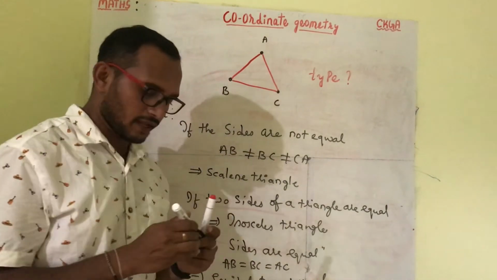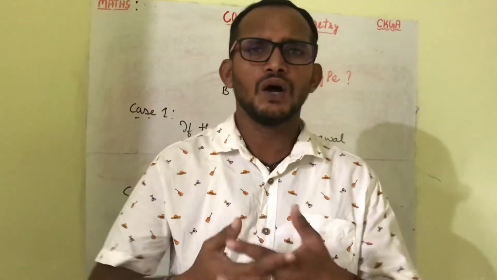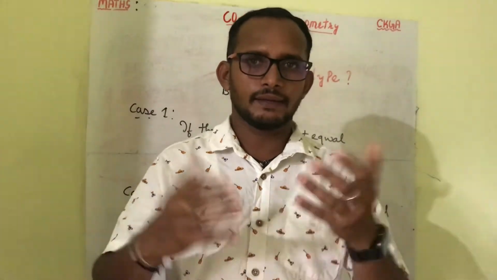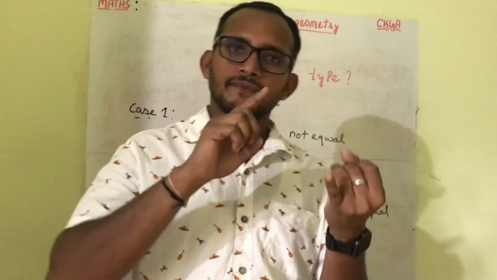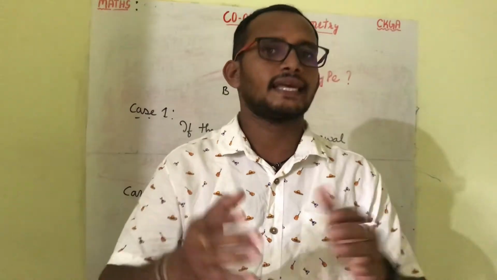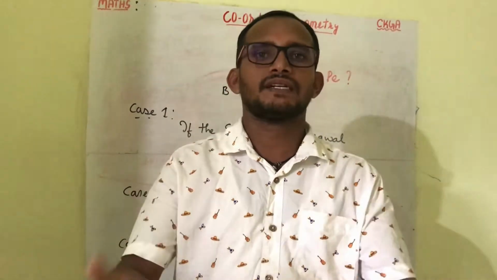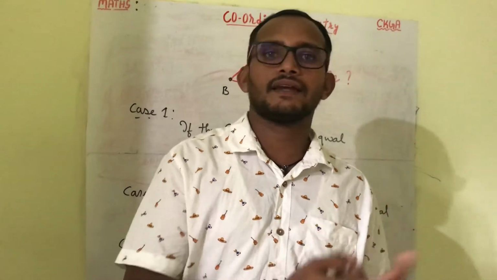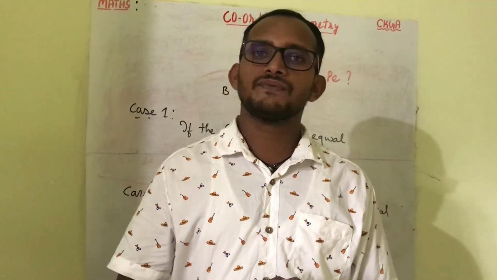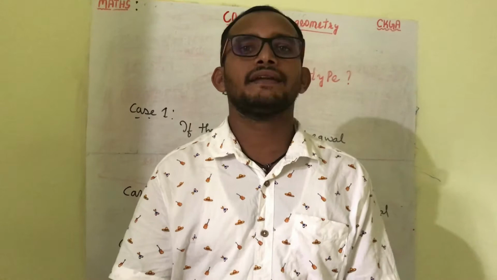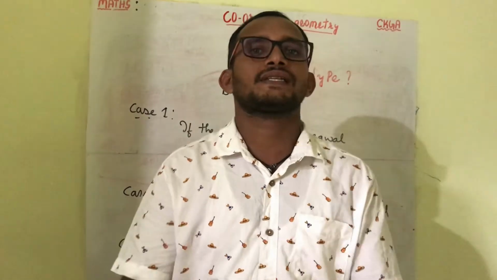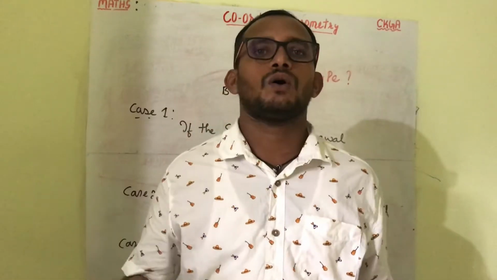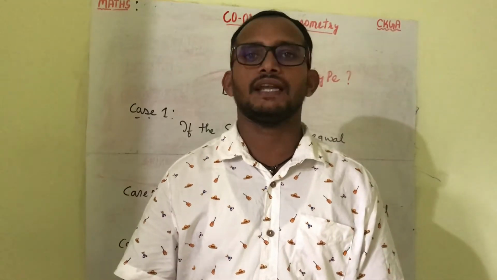So I am concluding, it's a simple task. Suppose three different points in a Cartesian plane are given. If three sides are different, it's a scalene triangle. If two sides of a triangle are equal, isosceles. If all three sides are equal, then the given points make an equilateral triangle.